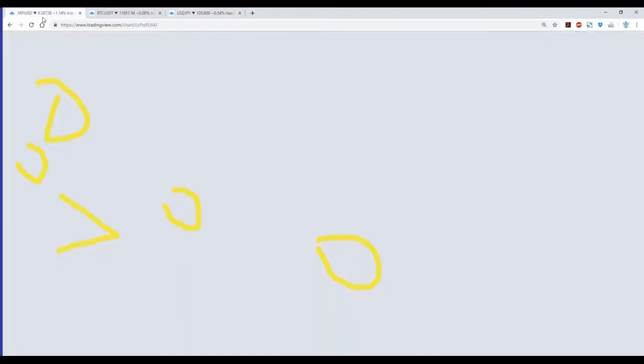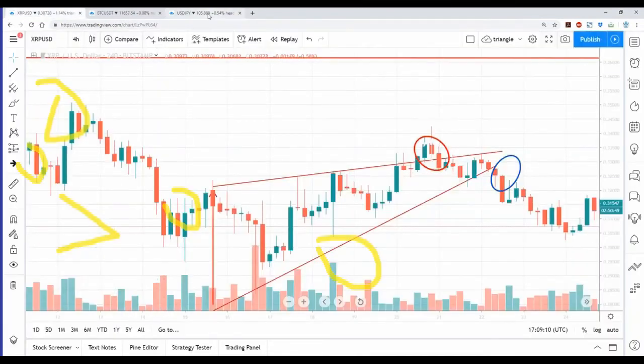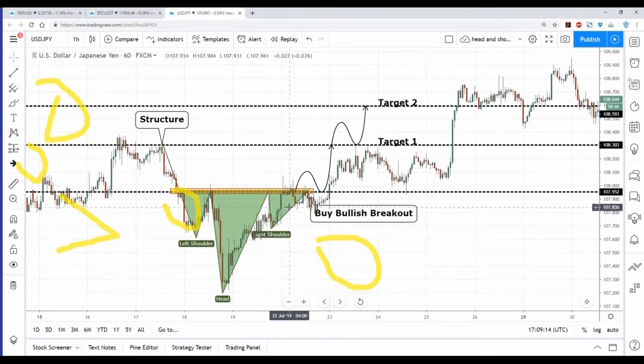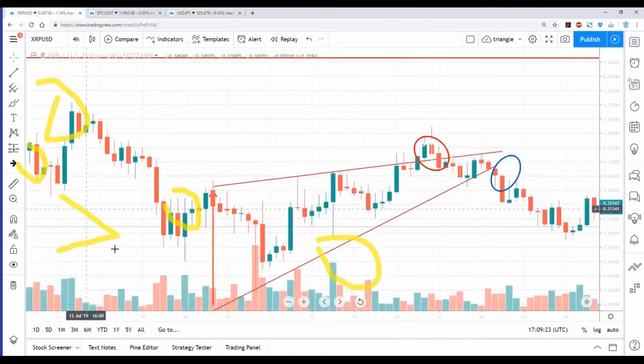Triangles are not like head and shoulders patterns. Head and shoulders patterns give you something very specific. It tells you when you're finished the shoulders pattern and it breaks the neckline, it's going to move in the opposite direction of the previous trend. We don't get that with a triangle.